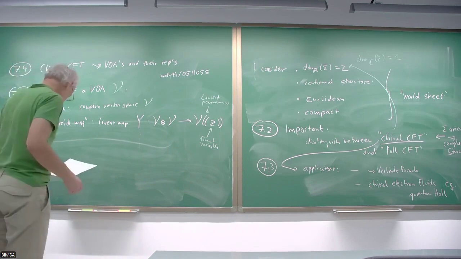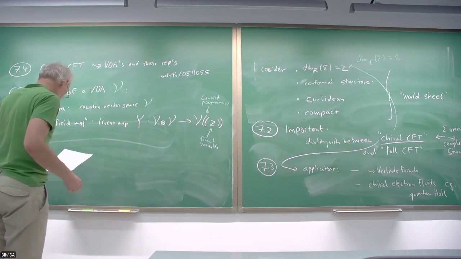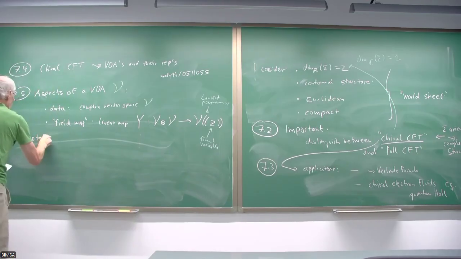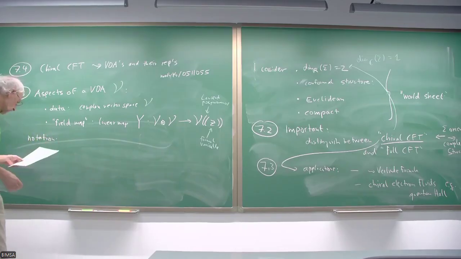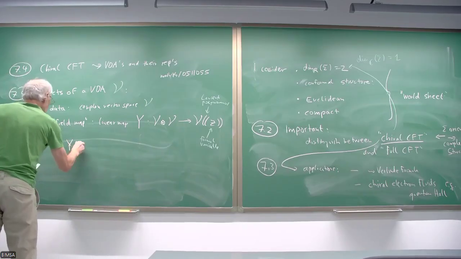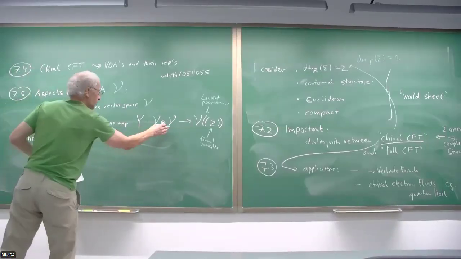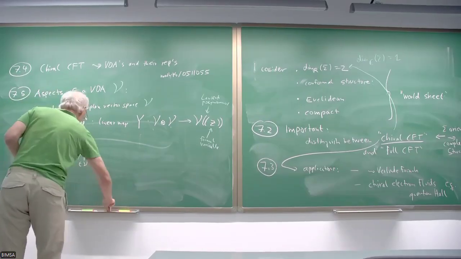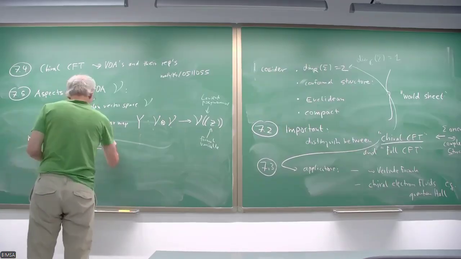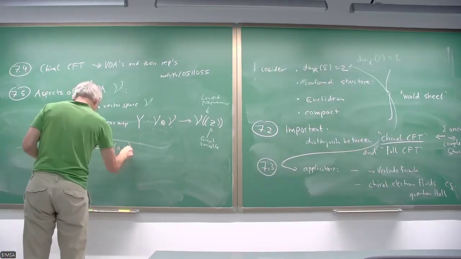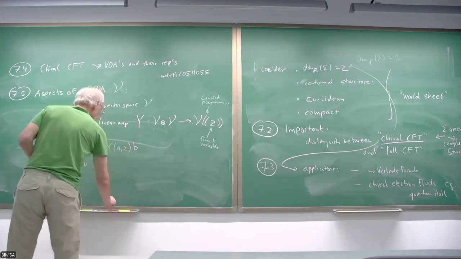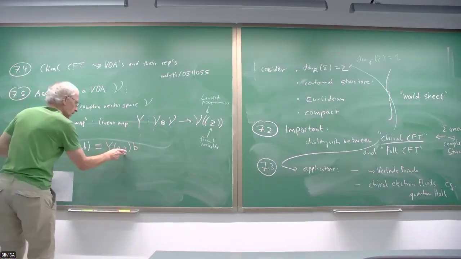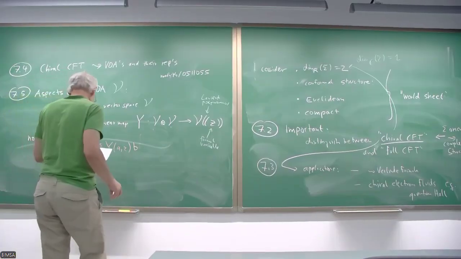And then there is a somewhat unexpected but convenient notation. One writes Y of a, b, where a and b are elements of my vector space, in the following form: Y of a and z applied to b, where the formal variable that comes from nowhere is here explicitly stated in the notation.